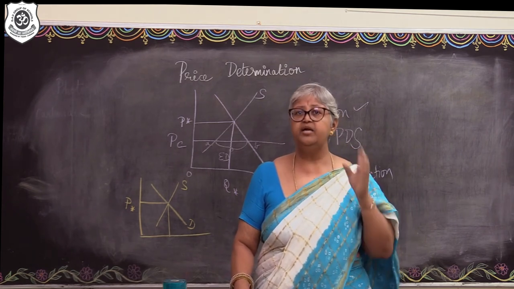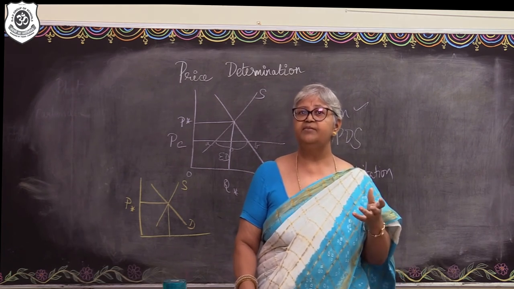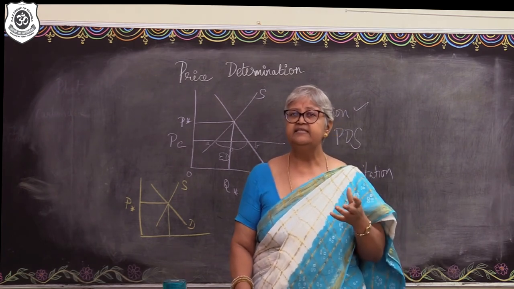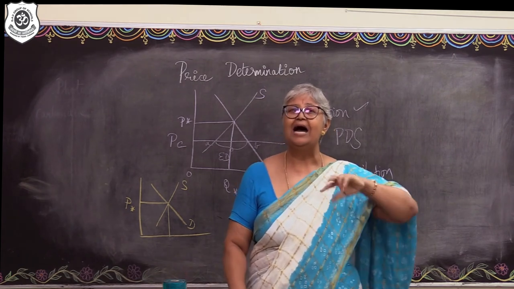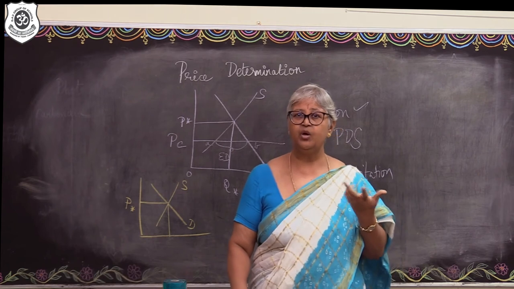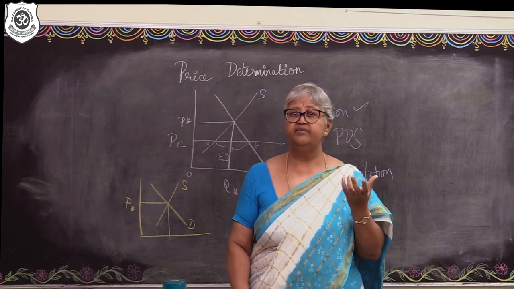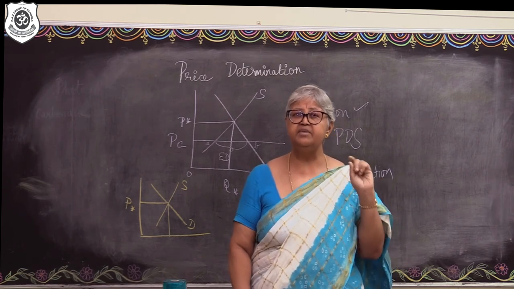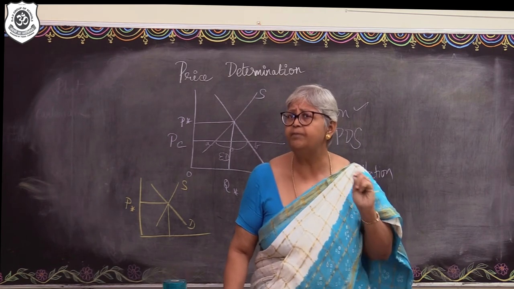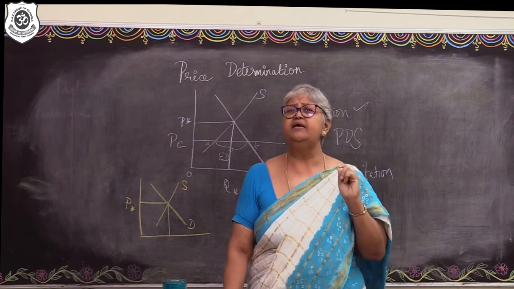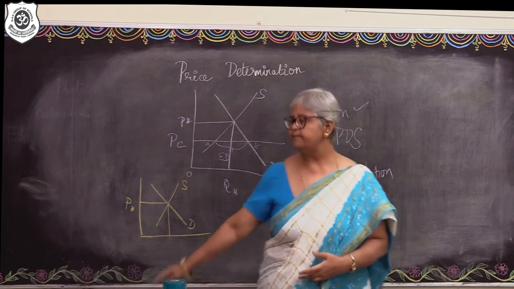So the government will promise the producers or the farmers, in this case the suppliers, that it would procure the produce at a higher price. What are we talking about? We are talking about the MSP, the minimum support price. So this minimum support price will be a higher price than the market price.